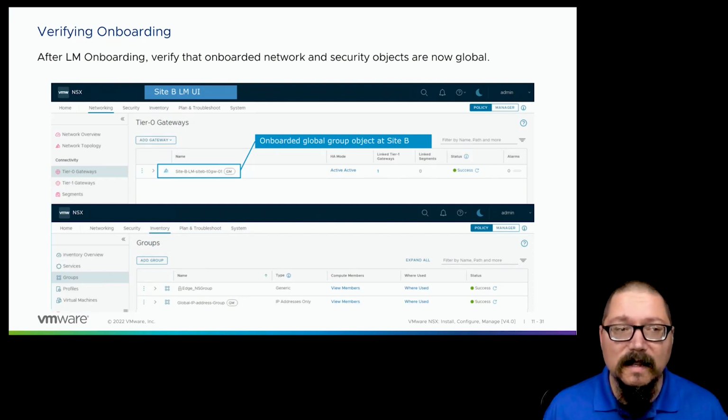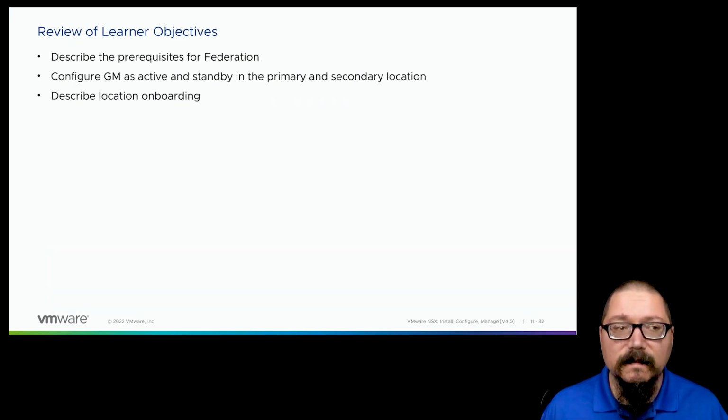We've imported a tier 0 gateway. We've imported some groups, but those groups are still specific to that location, to site B in this example. But now that these objects are owned by Global Manager, I could go in and reconfigure them to span multiple locations if that's something I desired.